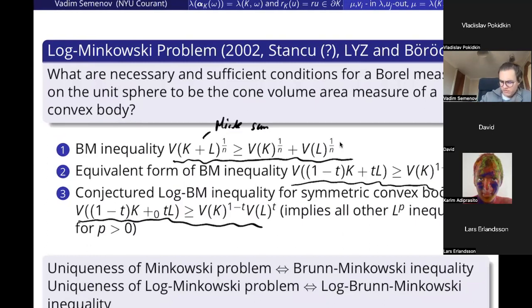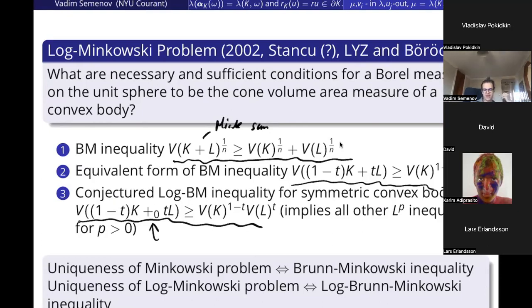Then 15 years ago or so, people came up with the log Brunn-Minkowski inequality, which is written here, and instead of the Minkowski sum, you take a log sum. What is the log sum? Each convex body is associated with its support function, and we know that the Minkowski sum of bodies corresponds to the sum of the support functions, but because they are functions, you can play with them in a different way.